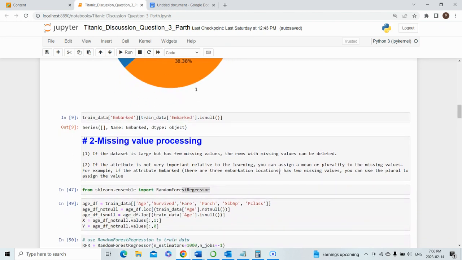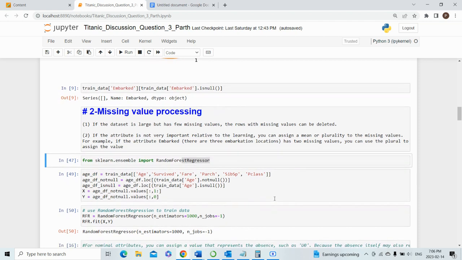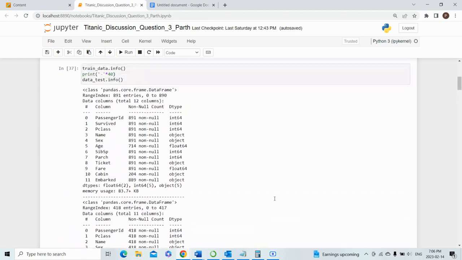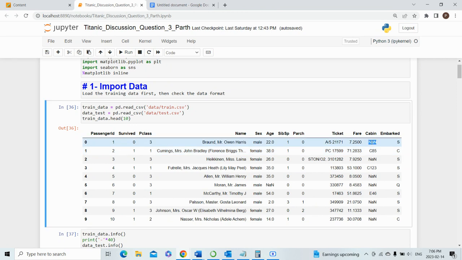Now I showed you before that there were a few values missing from the dataset. When we come down to the missing value processing, I have used something called a forest regressor model. If there is a whole dataset and you see that one value is null, it doesn't mean that the whole data is waste data.